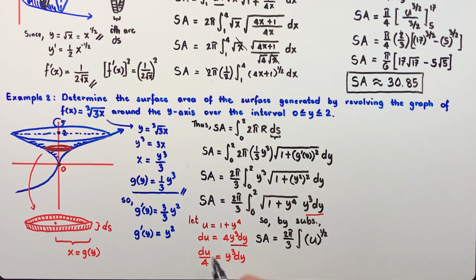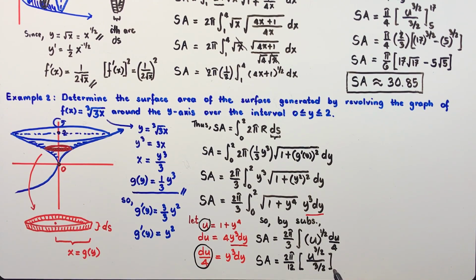And instead of writing y cubed dy, I will write its equivalent expression, du over 4. And we can factor out this constant of 4 outside the integral. So we have 2 pi over 12 times the integral of u to the power 1/2, which is u to the power 3/2 over 3/2.